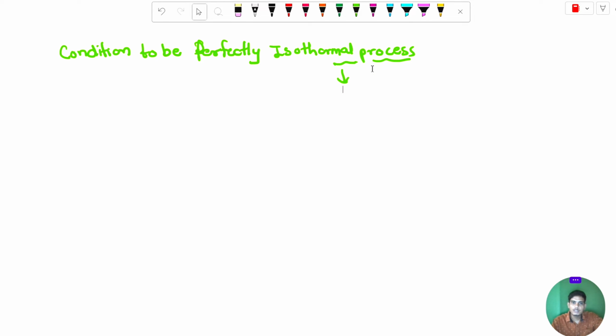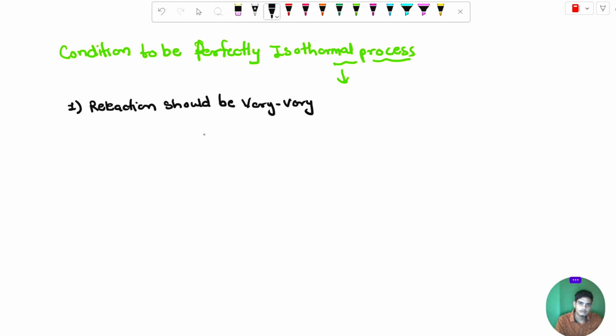There are some conditions for the isothermal process in any medium. The first condition is that the reaction should be very slow.